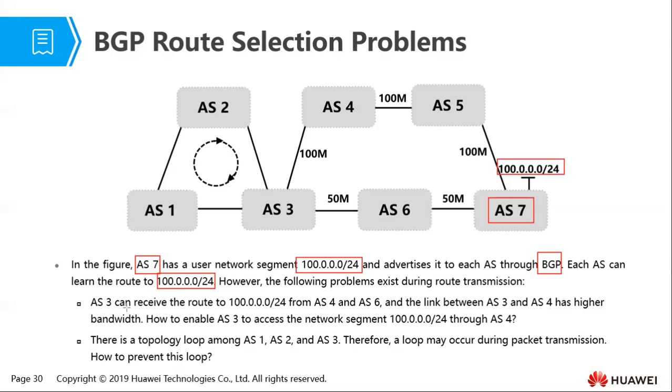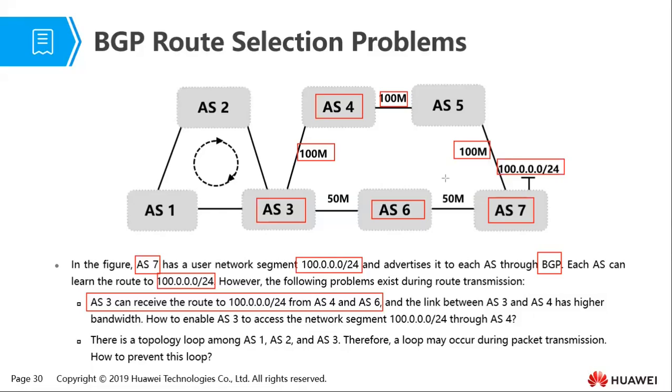Now, AS3, autonomous system 3, can receive the route from AS4 and AS6. Is that true? Yes, AS3 can receive the route from AS4 and AS6. The link between AS3 and AS4 has a higher bandwidth. We can see that this link, it's longer, but it has a higher bandwidth.